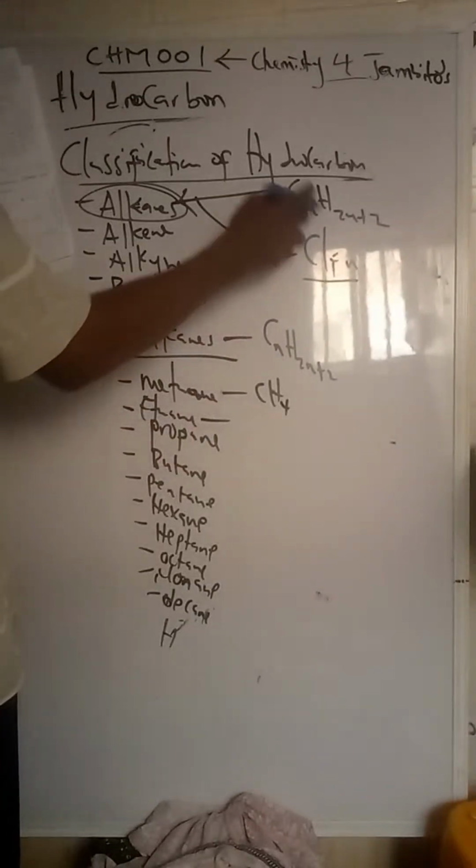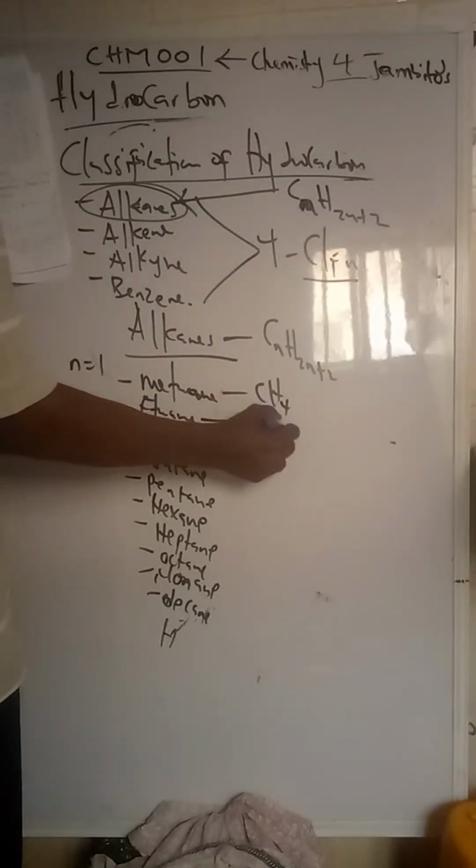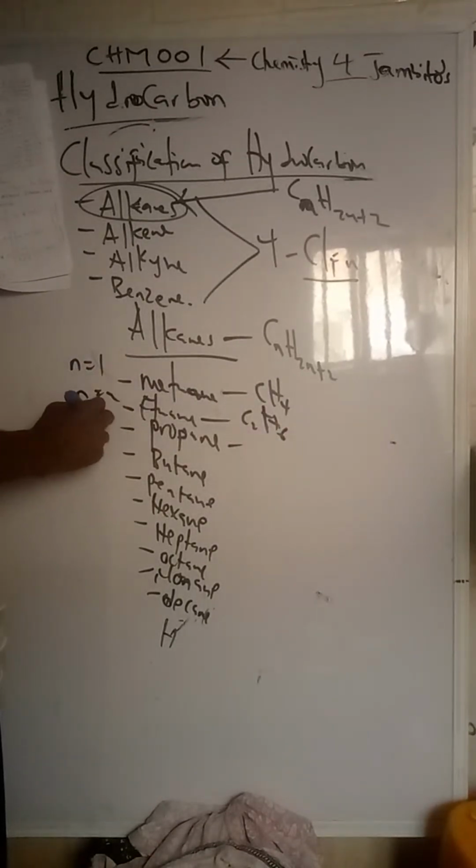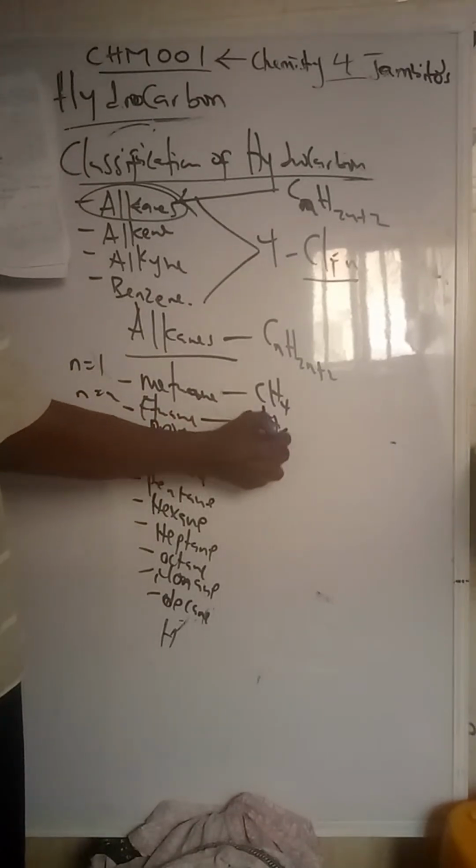When n is 2, that will be C2H6. And when n is equal to 3, this becomes C3H8. So you can continue the molecular formula for the rest since you know the formula of alkane.